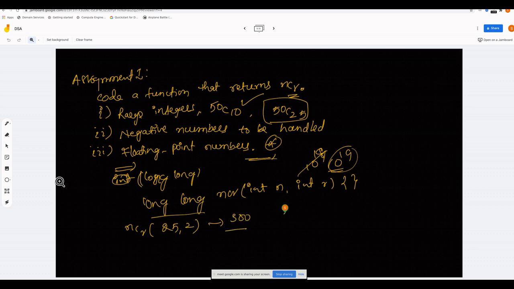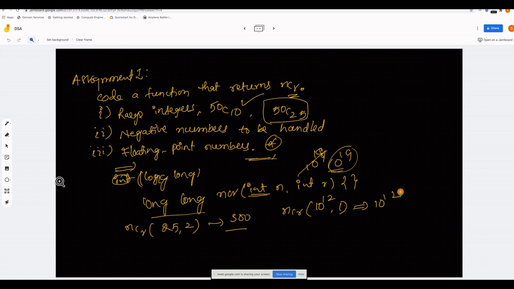And if I call nCr with 10 power 12, integer cannot fit 10 power 12, so probably you need to take long n. If I say 10 power 12 comma 1, this should return 10 power 12.